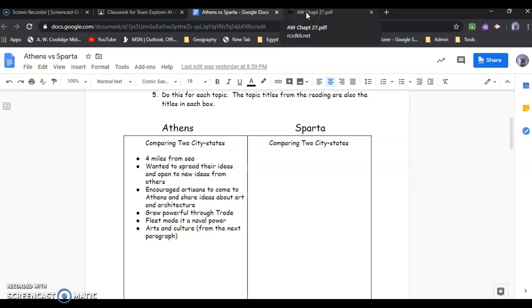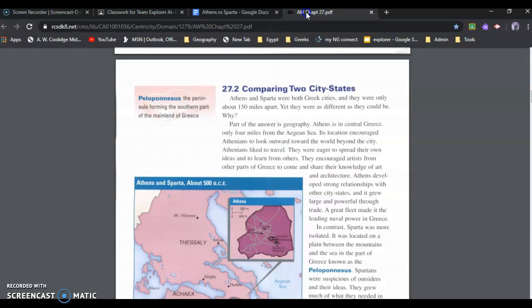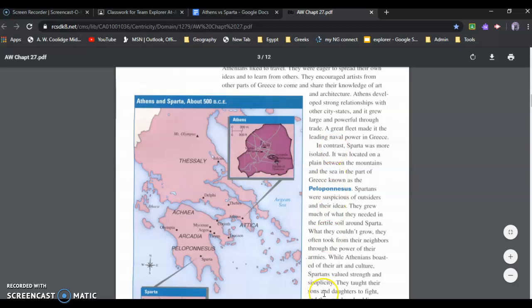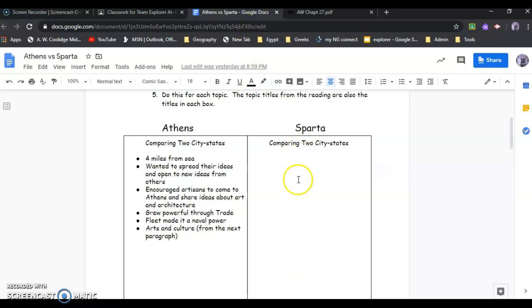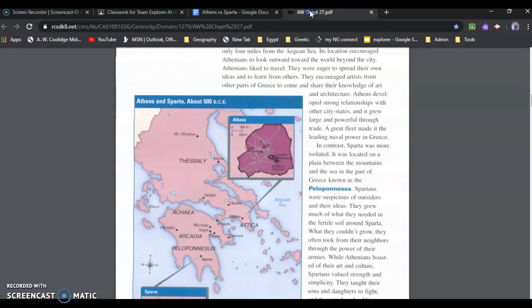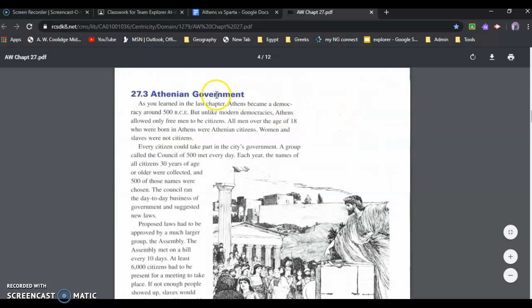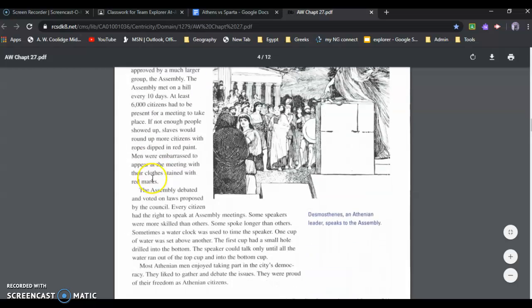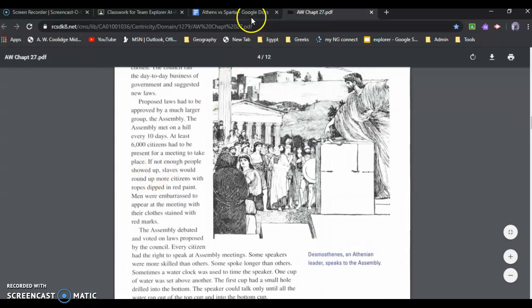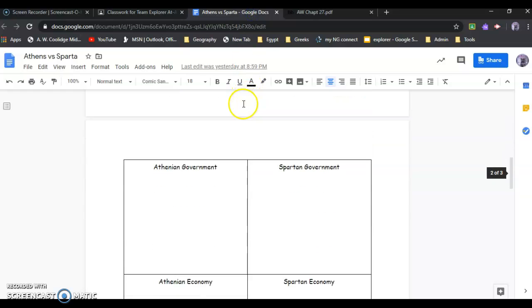Once you're done comparing my notes to what you read about Athens, I want you to read Sparta and then take notes right here. Bullets are fine. This particular section is about Athens alone, so it's going to talk about Athens and its government. Here's Athenian government, and you would take your notes right in here.